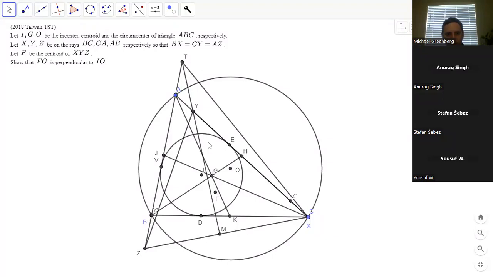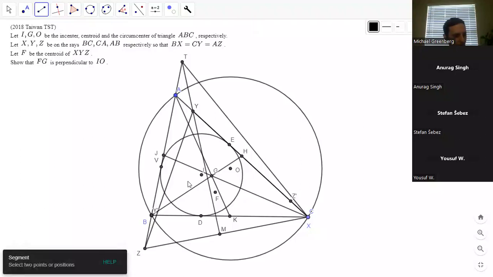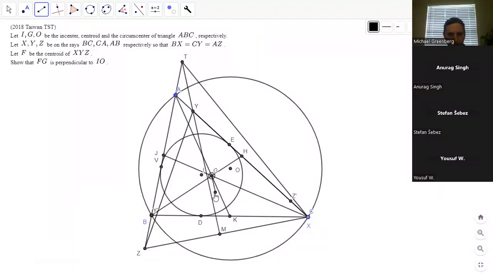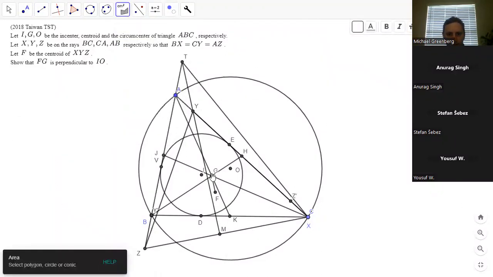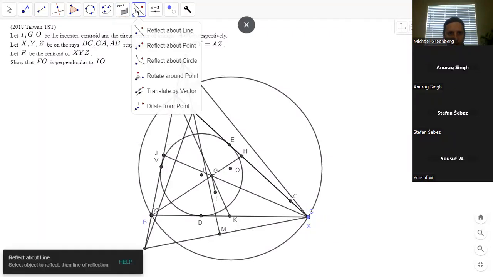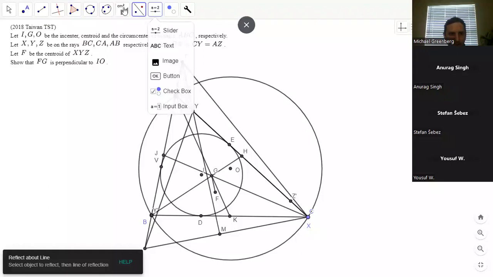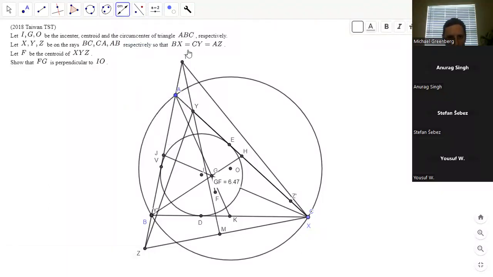Does it look like it? Let me check if that's actually true. If my calculations are correct, it might be that TY is 3GF. 6.47, so 18.